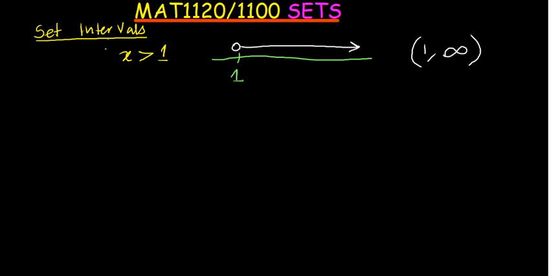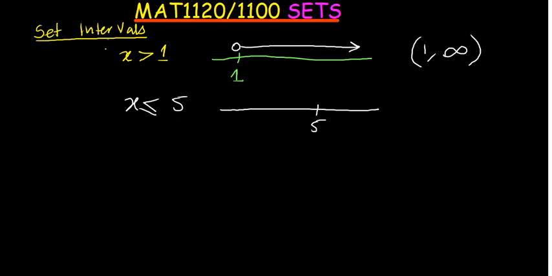Now, when you are talking about x is less than or equal to, let's say 5, how can we put this one? X is less than or equal to 5. You want to put it on a number line and then you want to put it in set intervals. So all we are going to do is we are going to put 5 there. Now remember, we're talking about x is less than.